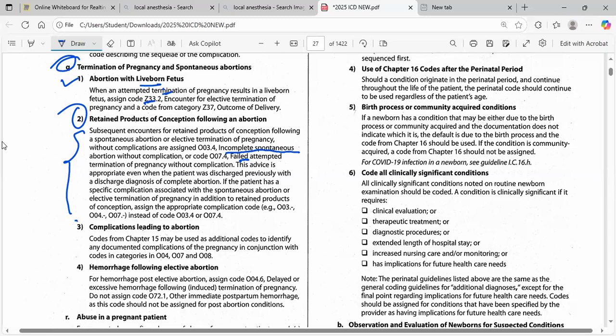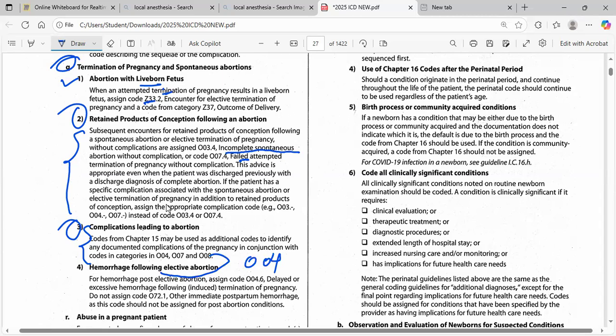For any complication after or leading to the abortion, we have to use a code from the O series only in conjunction with O04, 07, or 08 to represent the type of abortion. If there is any hemorrhage after an elective abortion, we have to use a code from series O04, because for any complication after an elective abortion you have to use a code from O04.